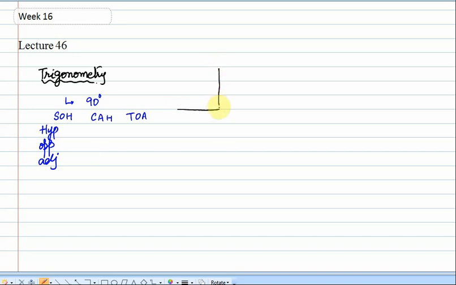So before proceeding to the topic trigonometry, let me draw a right angle triangle. It's 90. This side is 1, this side is 1, and the angle is 45 degrees. We can find out the length of the hypotenuse by using Pythagoras, and it will be under root 2. Now from the given triangle, can you find out the values of sine 45, cos 45 and tan 45?